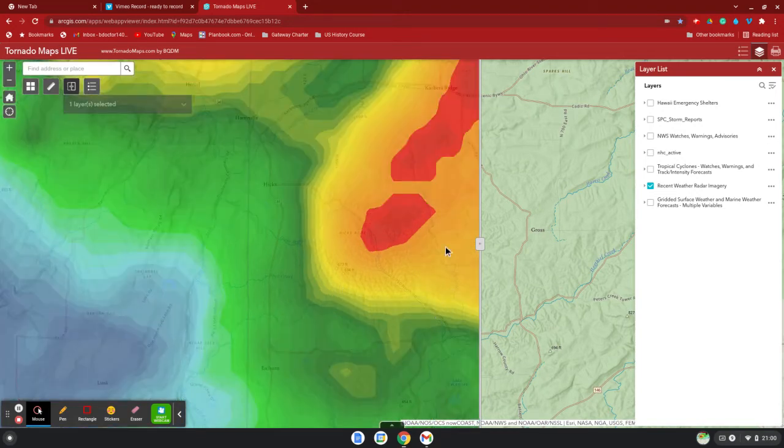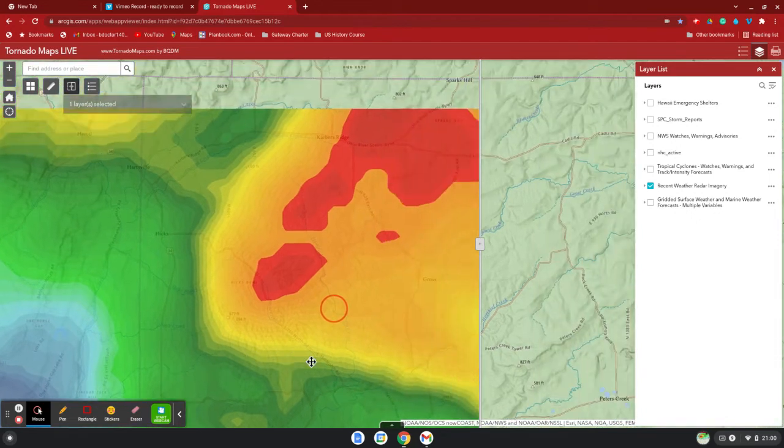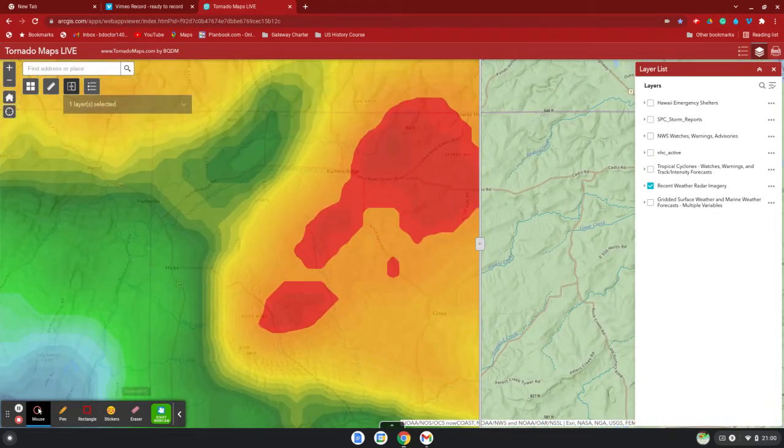And of course, it's kind of broken up. Okay, so the classic signature of this, and it was more classic just a minute ago, is you kind of had this hook. You had this kind of, let me do this again, what we call a hook echo.